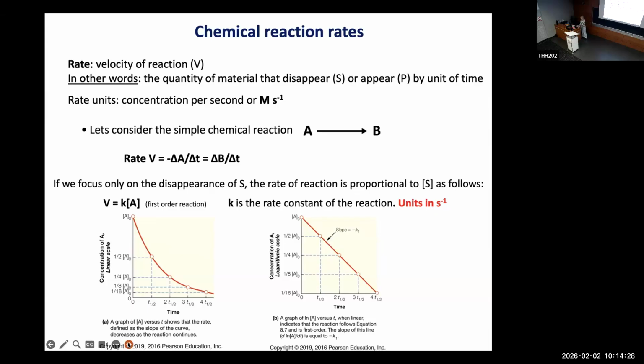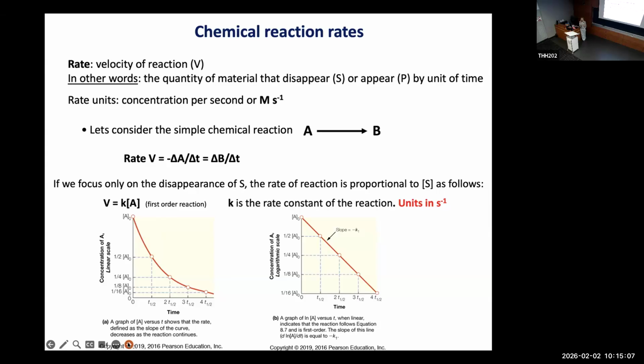So let's look at rates of reaction. What does that mean? We talk about that reaction as velocity, the velocity of the reaction. We could quantify that in the lab by either measuring disappearance of the substrate over time, meaning if we're going from substrate A to product B, as the reaction proceeds, you'll have a change in A, meaning that will disappear over a certain amount of time, and you will see the appearance of B over time.